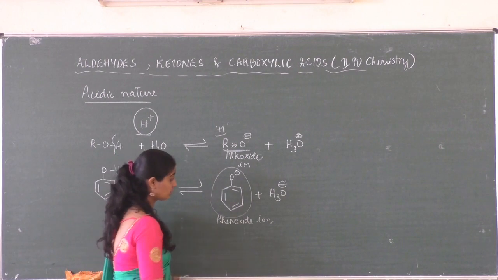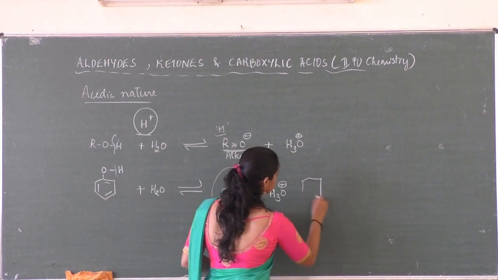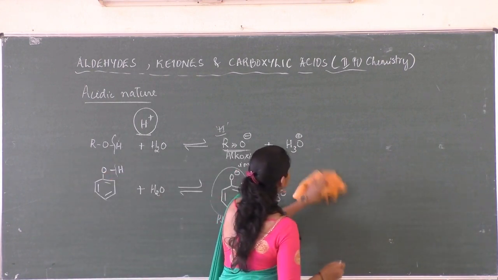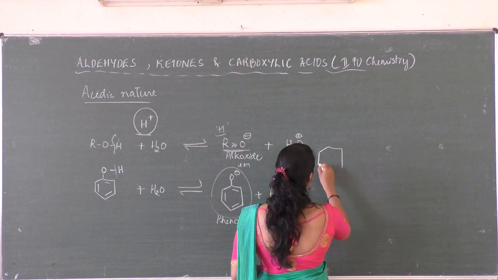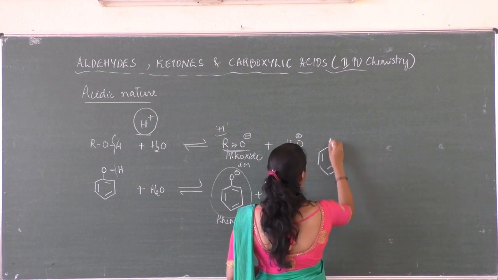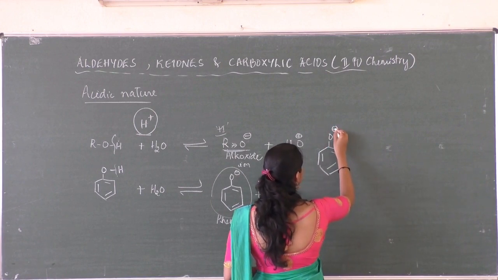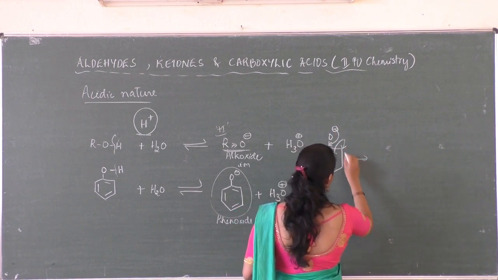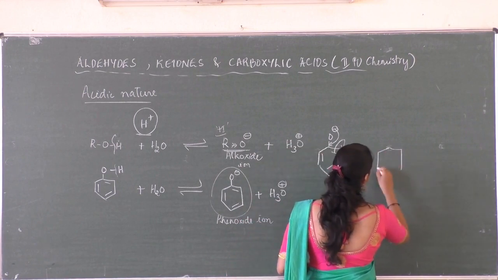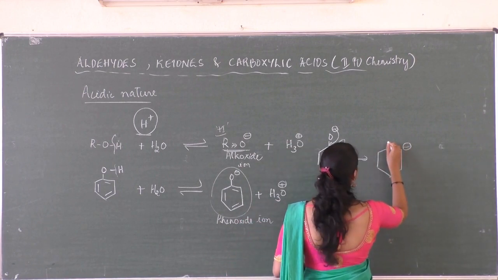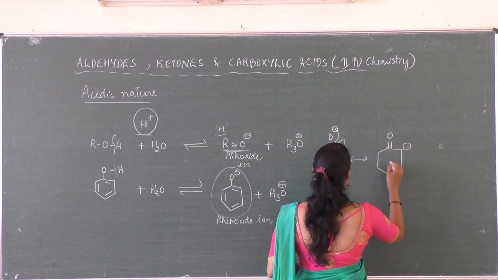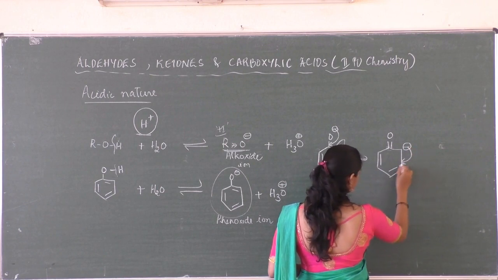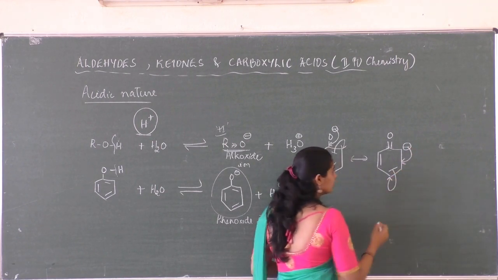So the resonance structures will be as follows: this negative charge shifts onto the carbon-oxygen bond, so the carbon gets a negative charge, and a double bond exists between carbon and oxygen. The other bond remains the same, and the charge gets shifted onto the neighboring carbon atom.